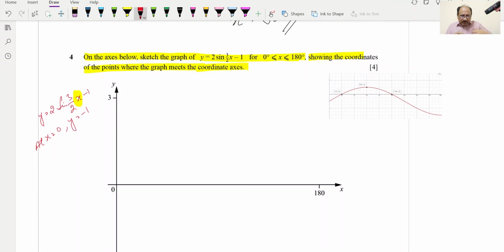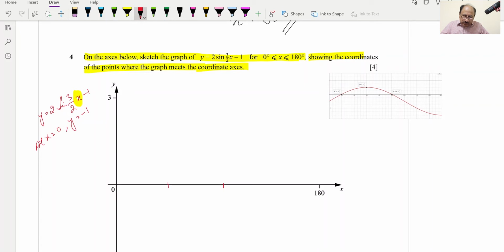So minus 1. We can take the distances, for example it's 180, so I will be dividing it into 6 parts, or we can take 90 in the middle, and then 45 over here.